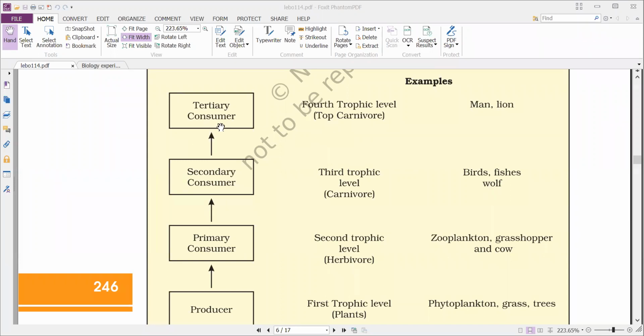And next, the tertiary consumer, which we commonly call the top carnivore. That means it will feed on another carnivore or herbivore, whichever is available.